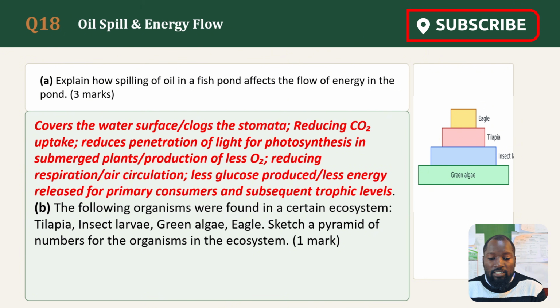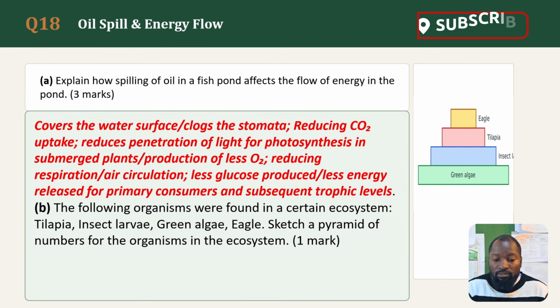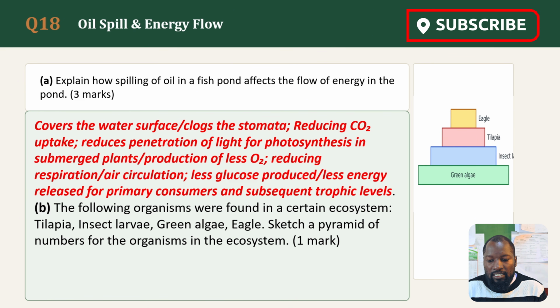And this will cause less glucose to be produced, because photosynthesis is not taking place. It also causes less production of energy by those organisms in the plant. And in that case, the primary consumers shall be affected much, and also the submerged plants will also be affected.